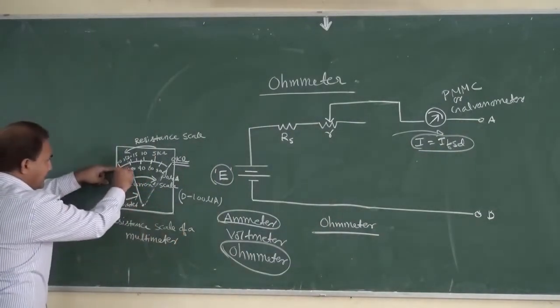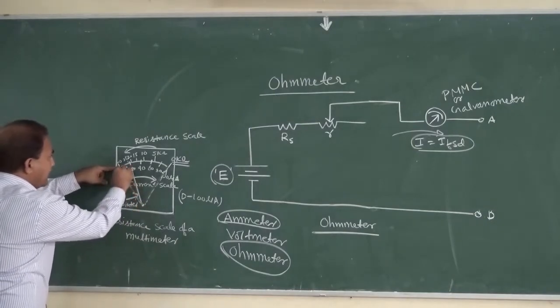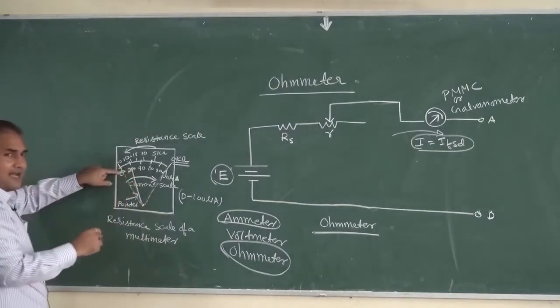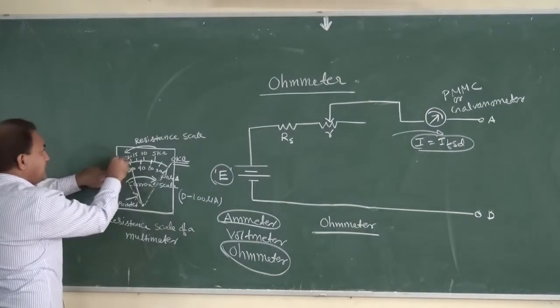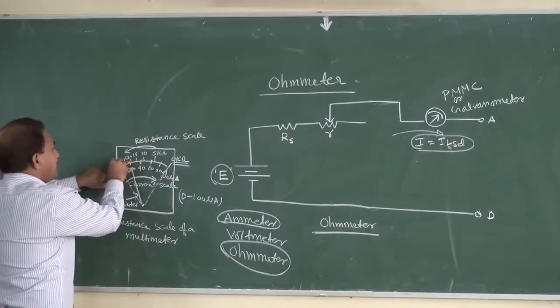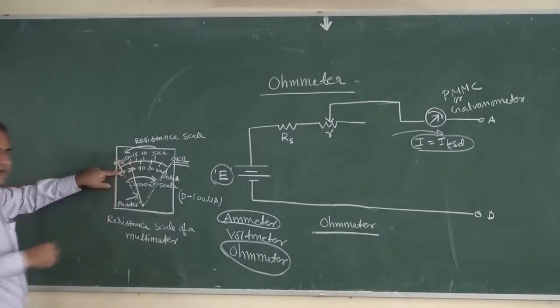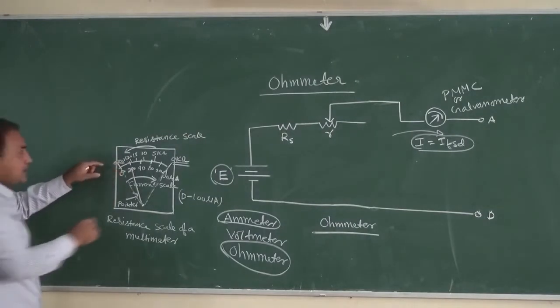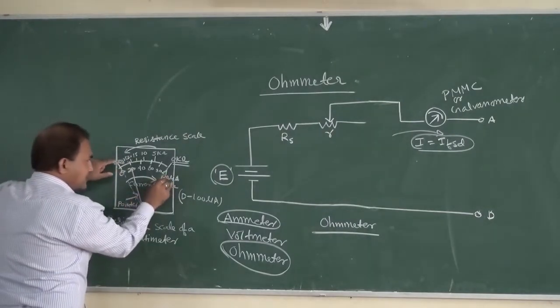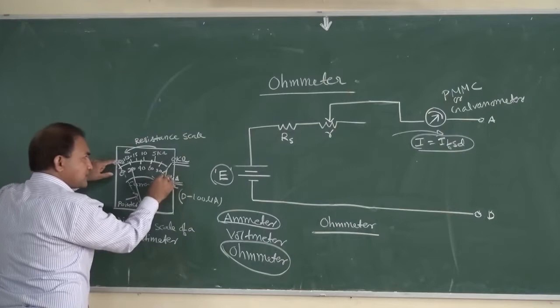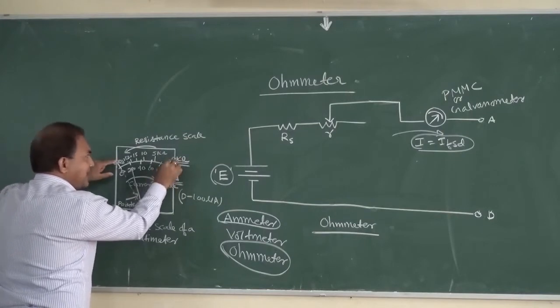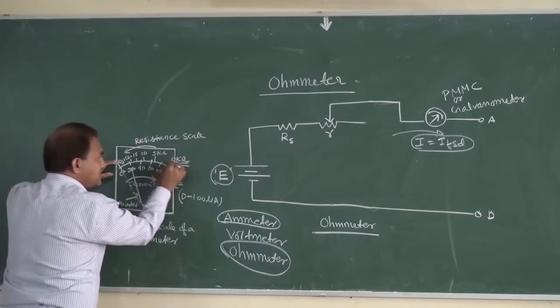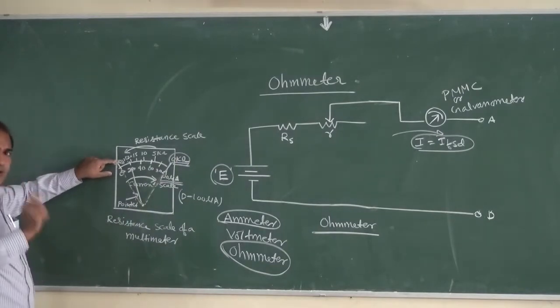In this case the pointer will lie here, and corresponding to this current we mark infinite ohm. This is the full scale deflection current, and corresponding to the full scale deflection current we mark here 0 kilo ohm.